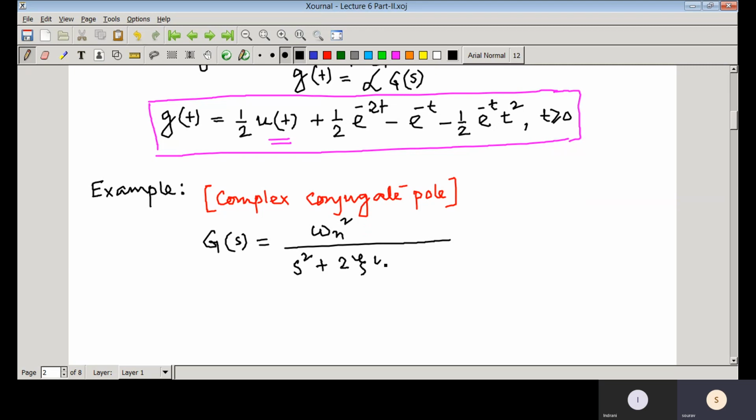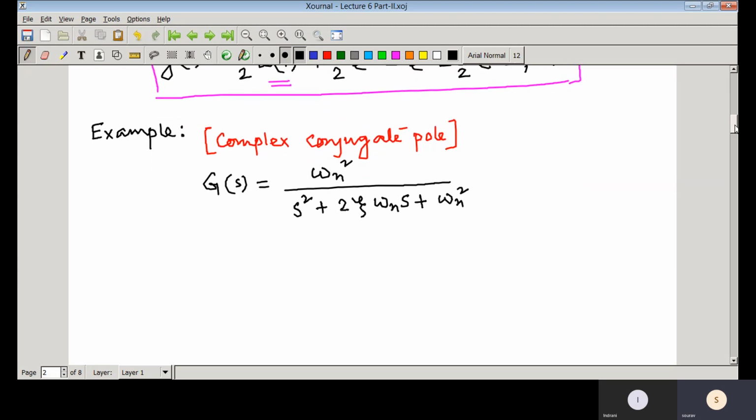So later on you will see that this particular rational transfer function appears in the case of second order systems, and there are many physical systems like spring mass damper system, series RLC circuit, that can be modeled with this particular transfer function. In that case you need to find the time response. So basically you need to solve the problem that we are going to solve.